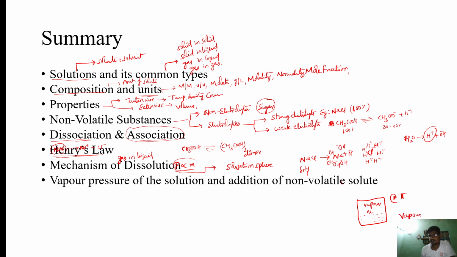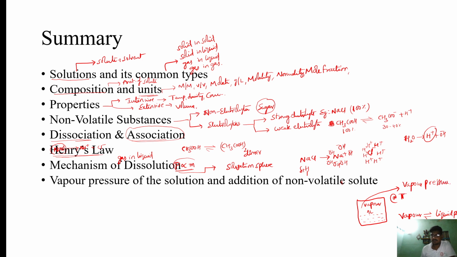Thereby we achieve a stage where the vapor phase is in equilibrium with the liquid phase. The pressure that this vapor exerts, so that it can come back to the liquid state, we call the vapor pressure, which gives birth to Raoult's law.